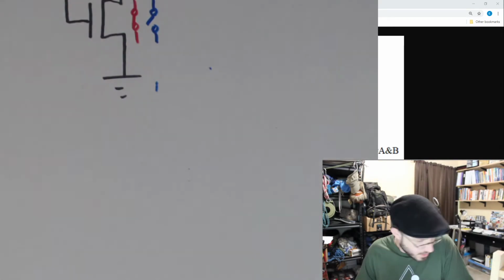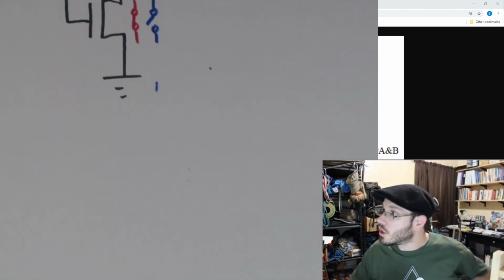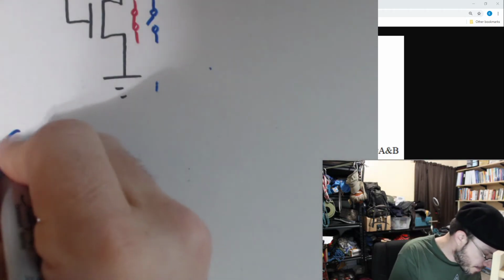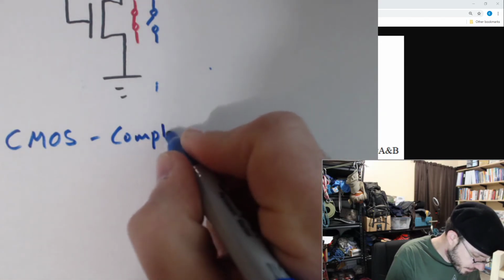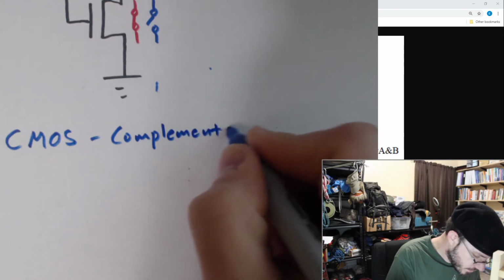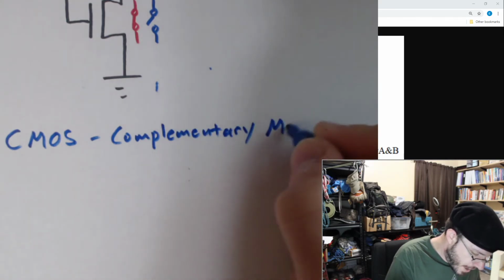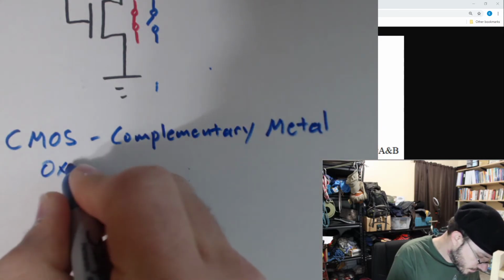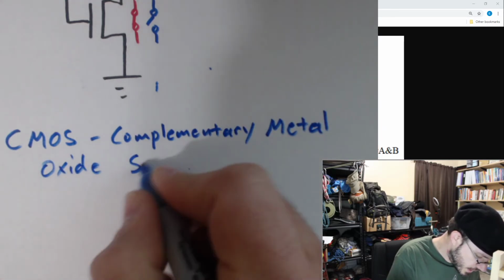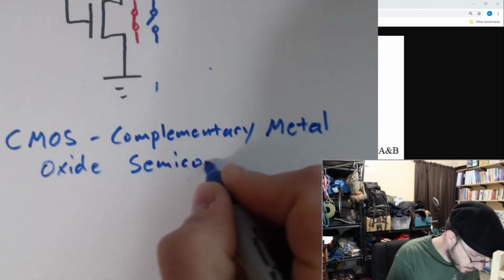In fact, all of our digital circuitry we call CMOS: complementary metal oxide semiconductors.